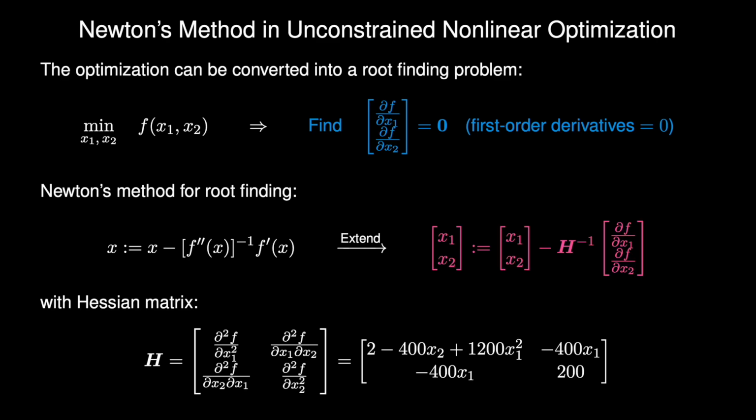The multivariate Newton's method update equation is: the vector x1, x2 updates to itself minus H inverse times the gradient vector. Here, H is the 2 by 2 Hessian matrix evaluated at the current point. This update uses second-order curvature information in all directions, allowing Newton's method to navigate the banana-shaped Rosenbrock valley efficiently.